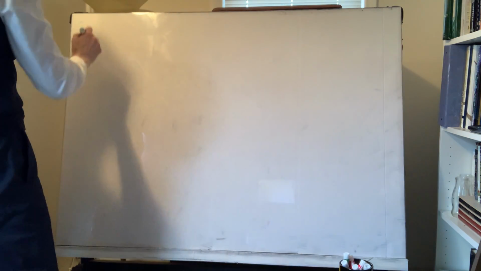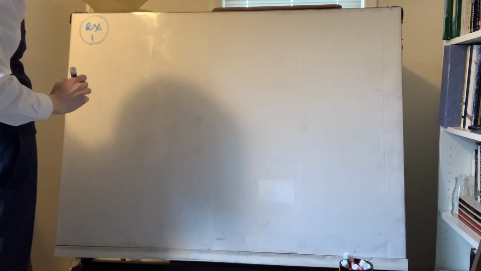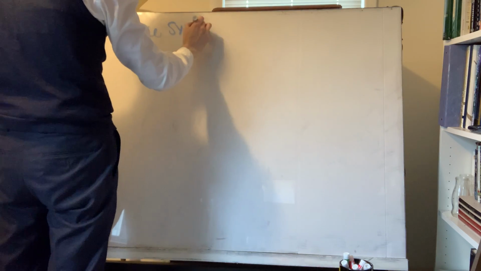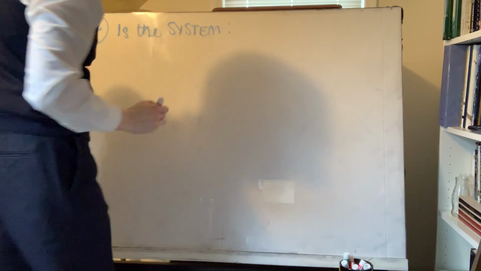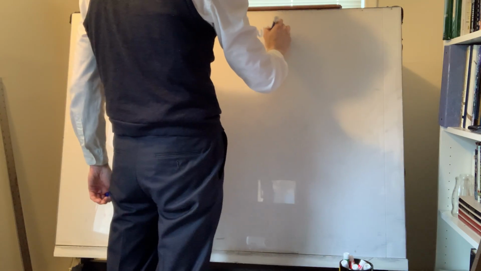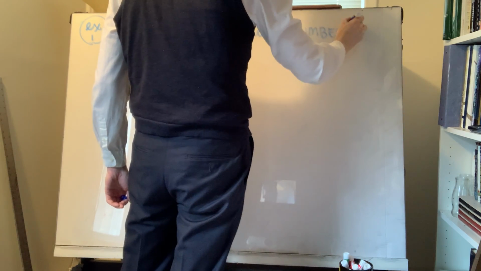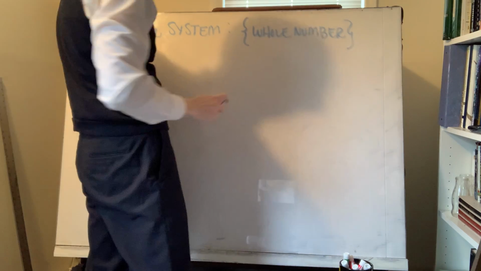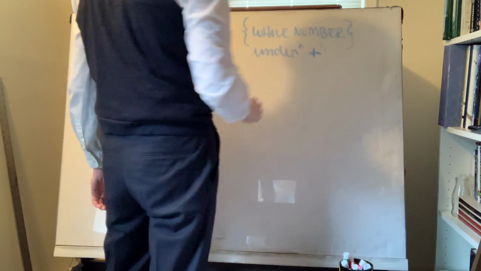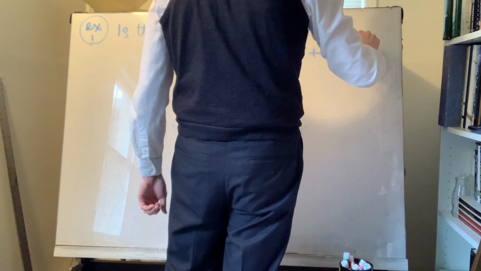It's a question of: is the system, that is, remember a system is a set, so I'm going to put whole numbers under addition, plus sign for addition, a group?